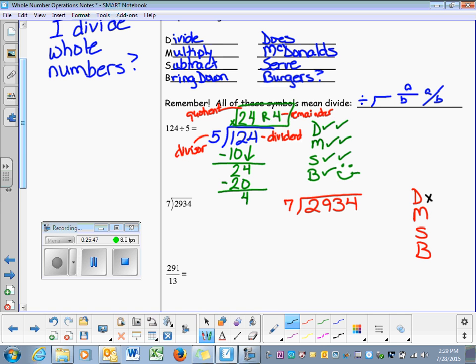Will 7 go into 2? And the answer is no. But 7 will go into 29 4 times. Next up, multiply. 4 times 7 is 28. Next, subtract. 29 minus 28 is 1. And then bring down the 3.